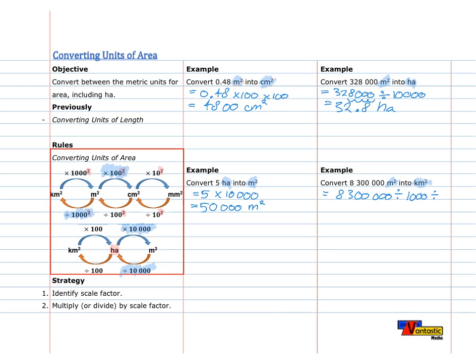We're going to do that twice. Or you can use the shortcut divided by 1,000,000. It's exactly the same thing. And both of those will give you the answer 8.3 kilometers squared, so 8.3 square kilometers.